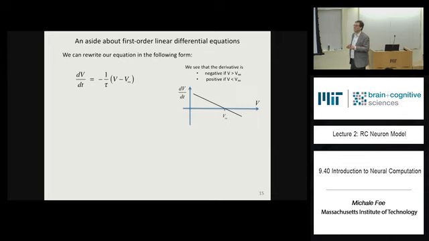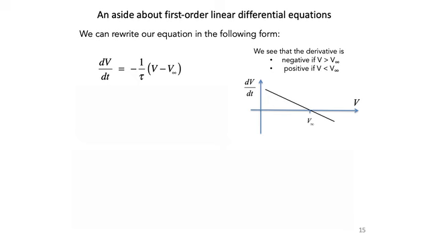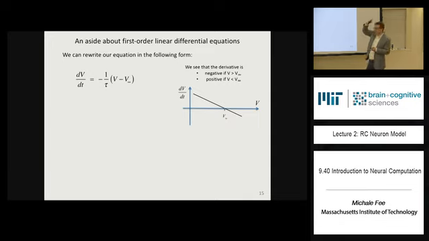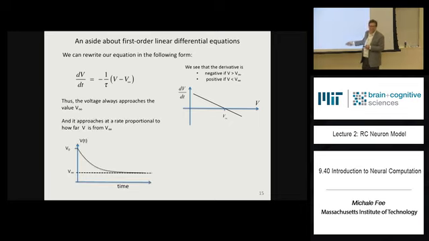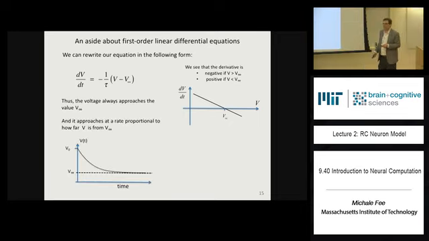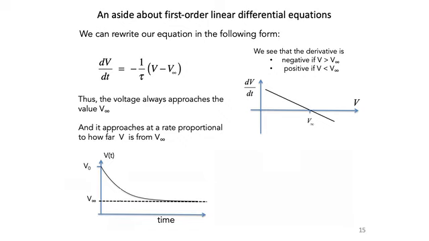And how does it get there? Does it go linearly? Well, you can see that the slope, the rate at which it approaches V infinity, is proportional to how far away it is from V infinity. And so it doesn't just go boom, boom, crash into V infinity. It kind of slowly approaches V infinity. Okay? Anybody know what that function is called?